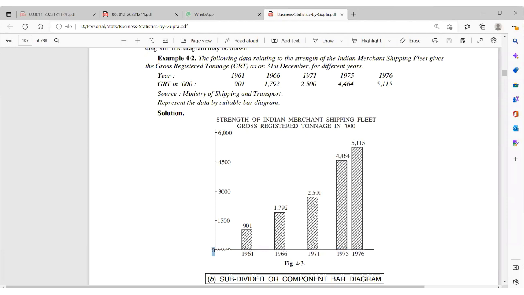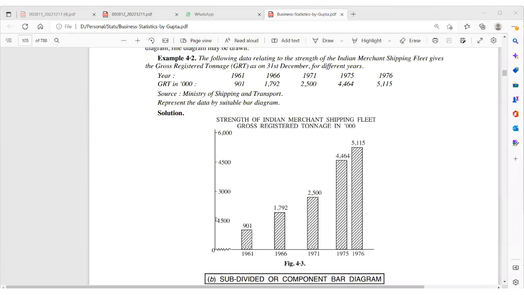Now, 5 different years are given: 1961, then 66, then 71, then 75, then 76. Right? Now, GRT is given in hundreds.